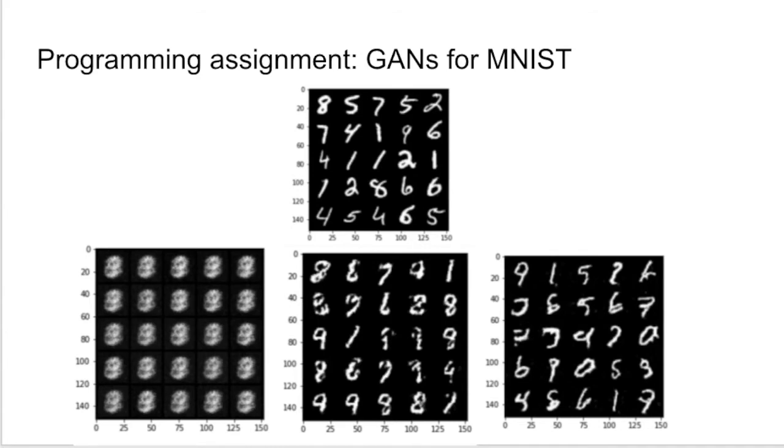So the top image is the actual digits for MNIST, and along the bottom are the images that result from the programming assignment. On the left is the initial image, and you can see that it's very fuzzy and very unclear. And then eventually they improve and improve and improve. And on the far right, it's about as good as it got in my programming exercise. So definitely not as clear as the full version.